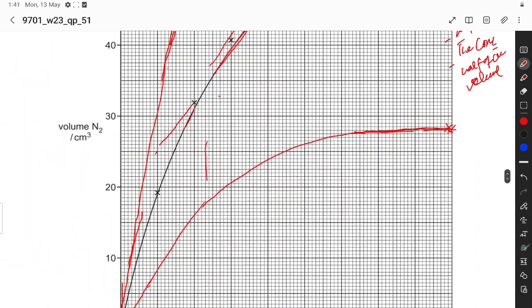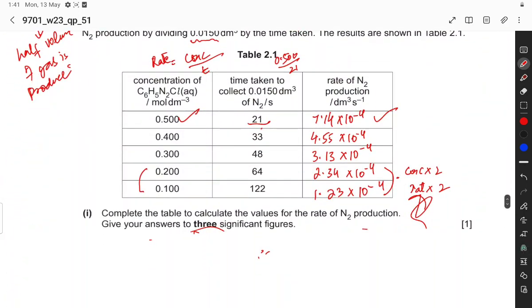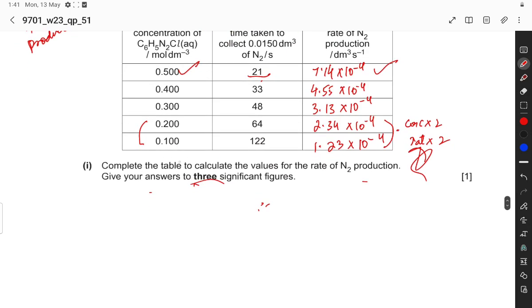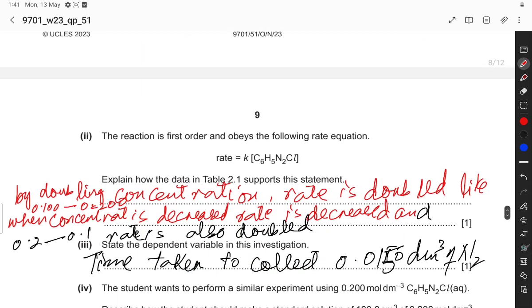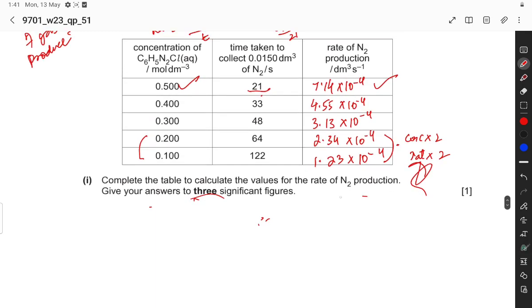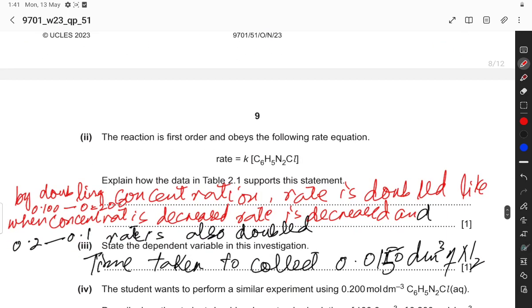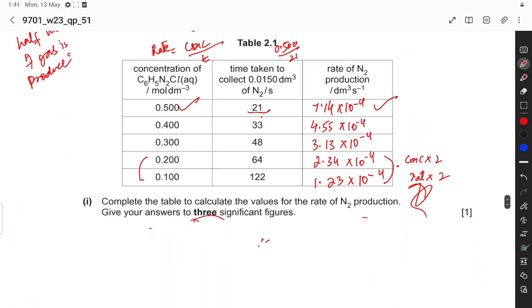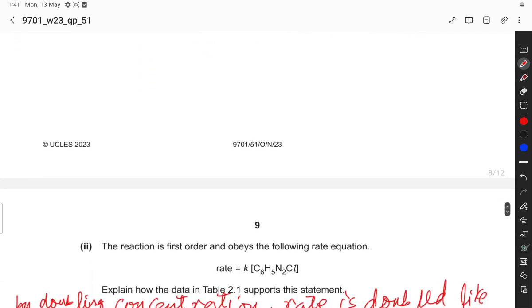So complete the table to calculate the values for the rate of nitrogen production. Give your answers to 3 significant figures. So in this way we divide 0.200, 0.40, 0.30 and 0.200 by 0.11, and these are the rates of nitrogen production.